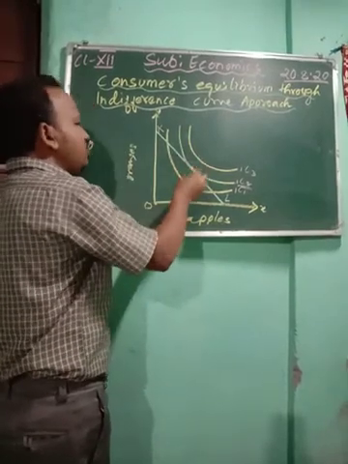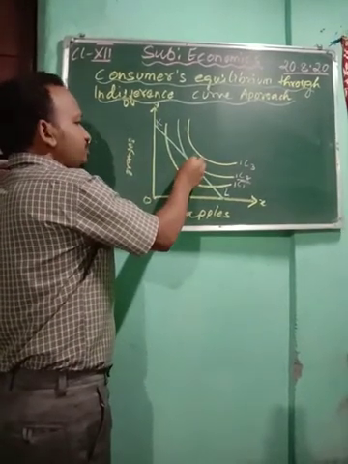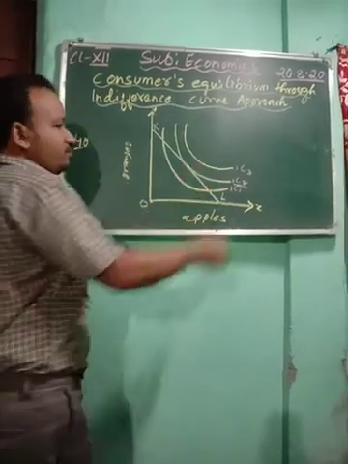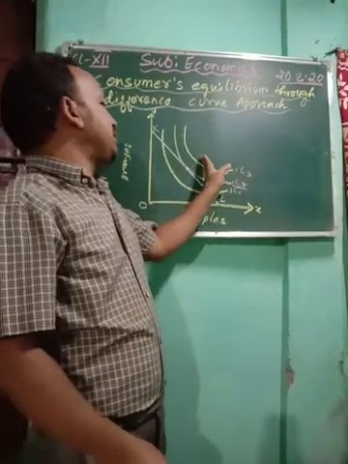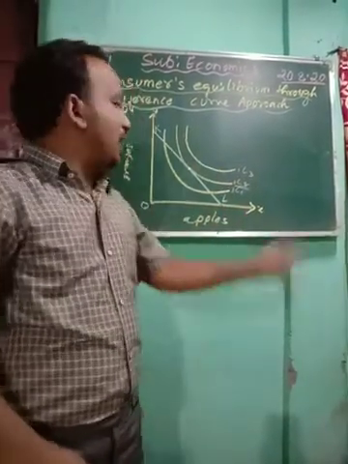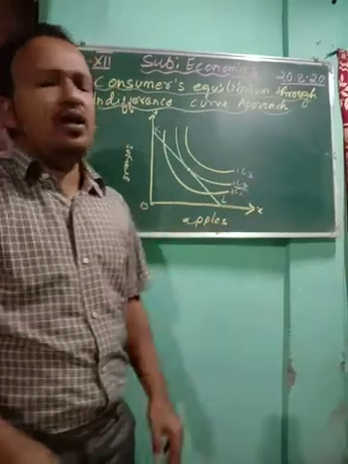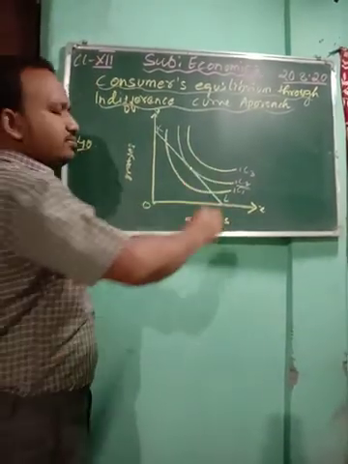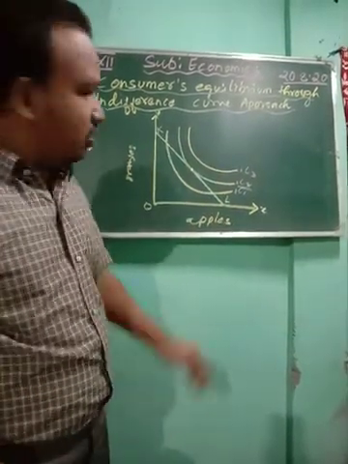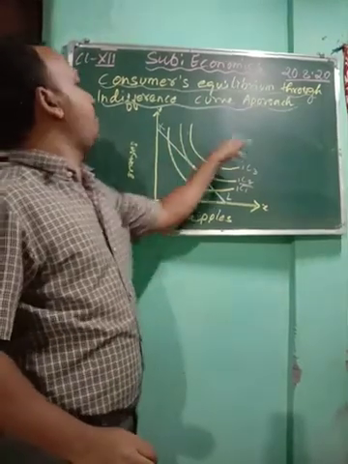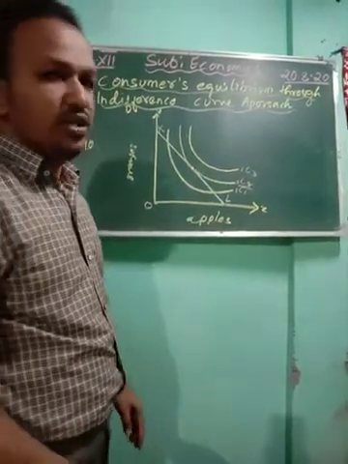Now you see, the consumer cannot go above to IC3, indifference curve 3. Why? Because this is beyond his reach. This is his budget line. He cannot go beyond his budget. He cannot spend more than his budget.